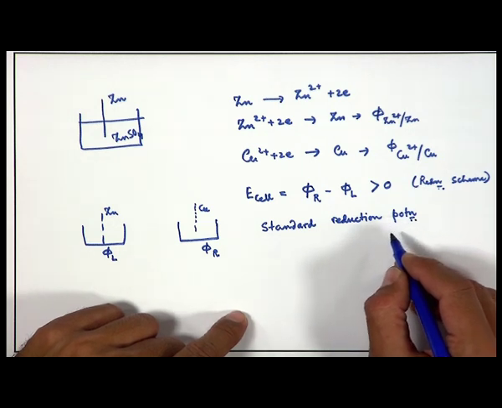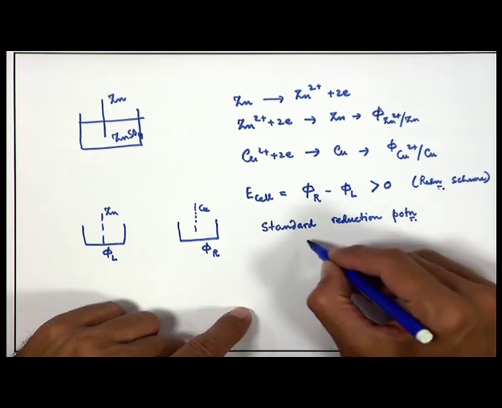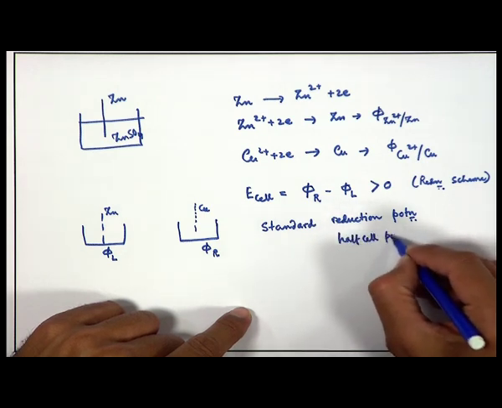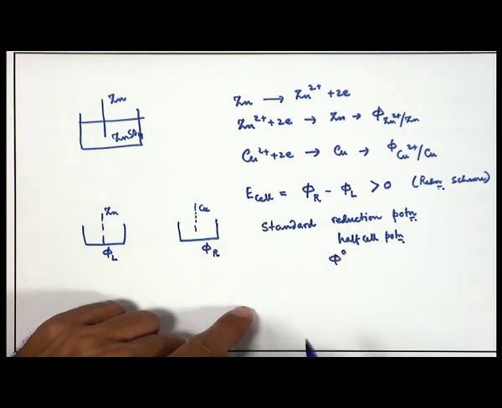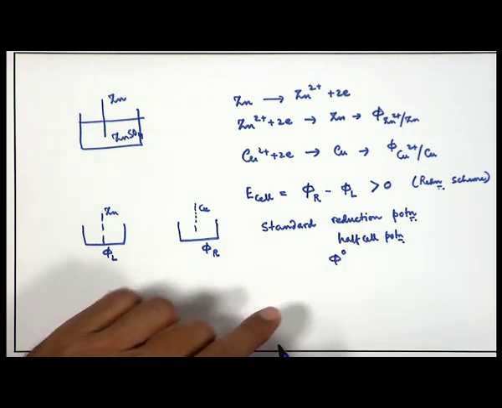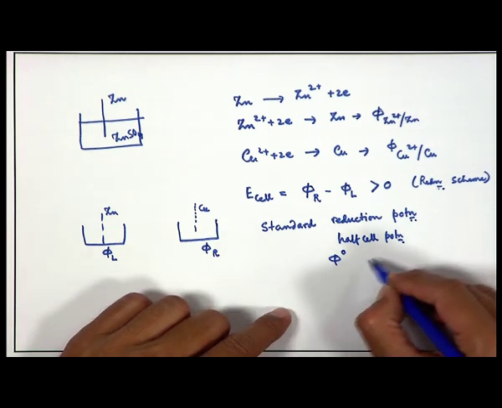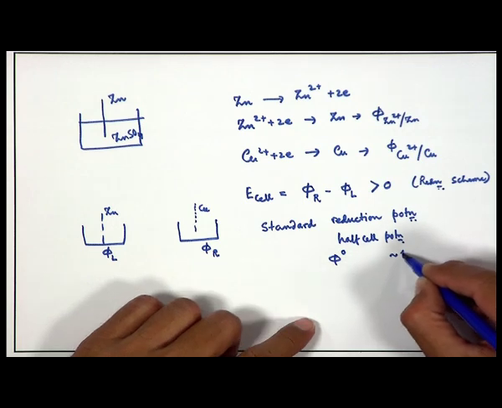So, standard reduction potential or the standard half cell potential is expressed as phi 0. It is nothing but the potential or the half cell potential when the electrolyte concentration is 1 or unity.